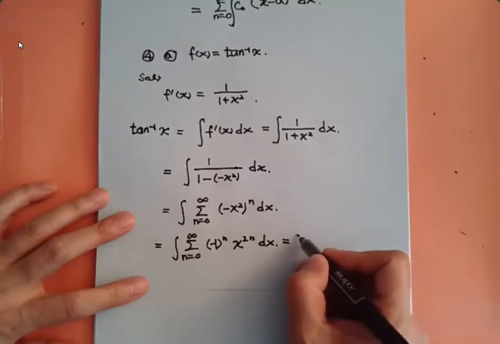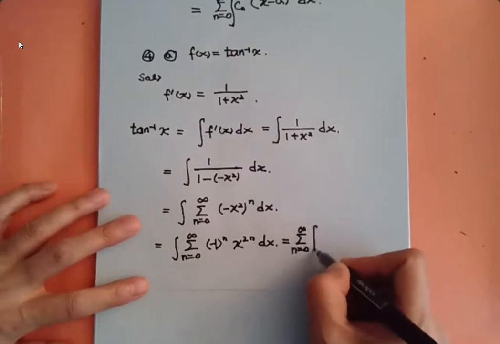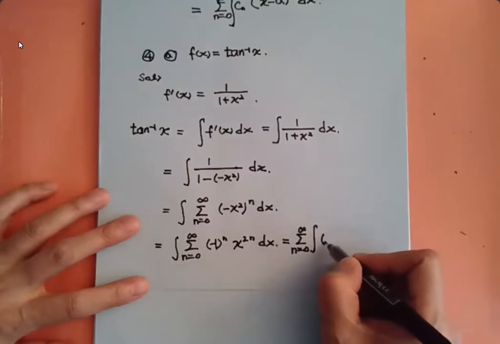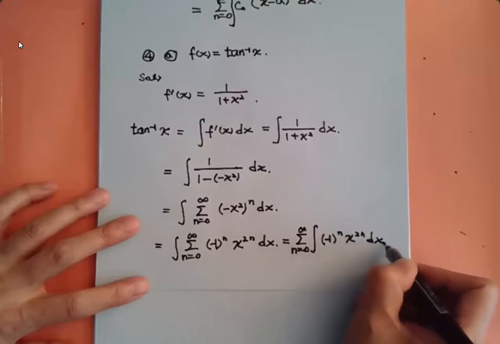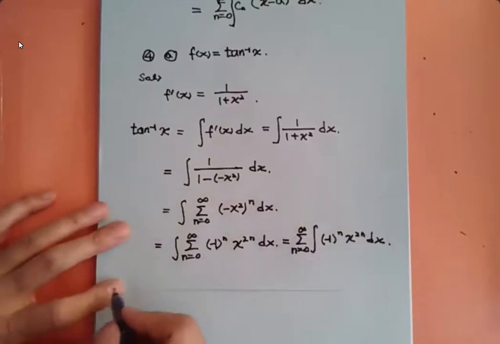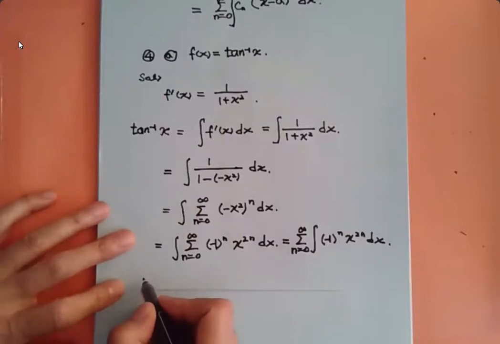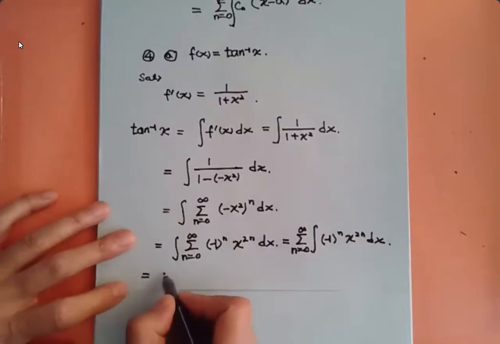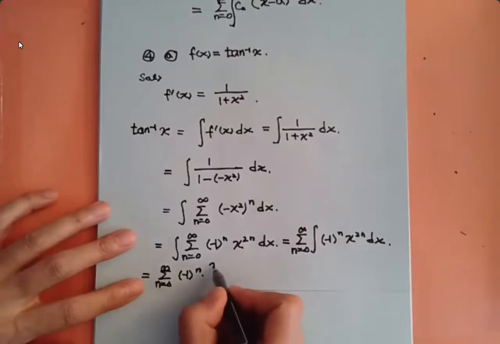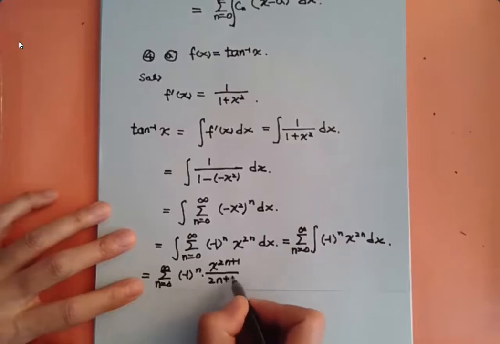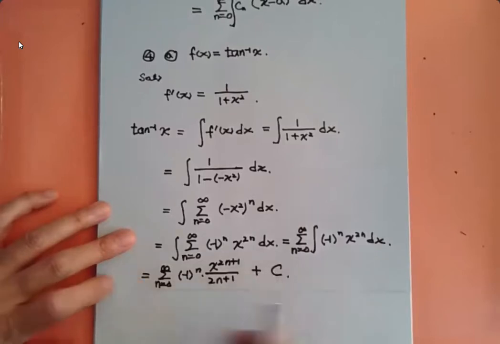So this can be written as the summation n equals 0 to infinity of the integration of negative 1 to the n power x to the 2n power dx. So that is the summation n equals 0 to infinity of negative 1 to the n power times x to the 2n plus 1 over 2n plus 1, plus c.